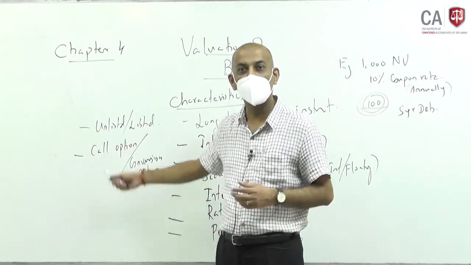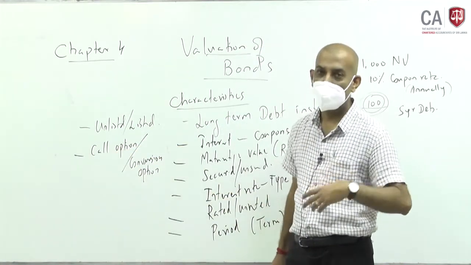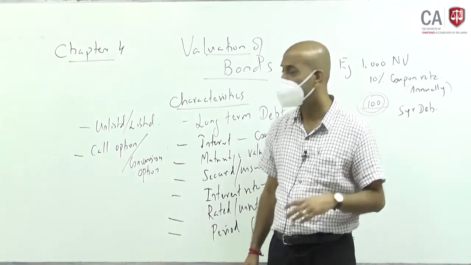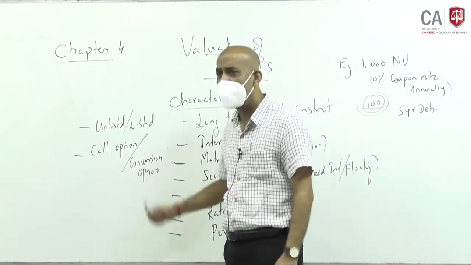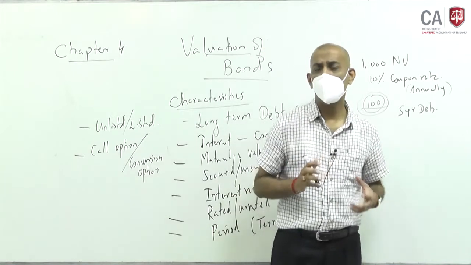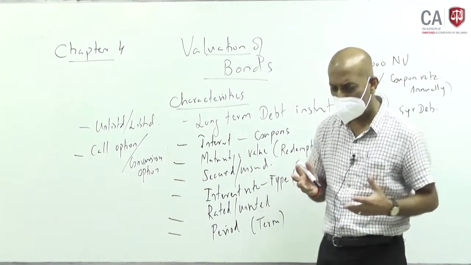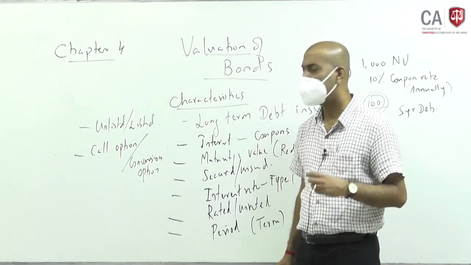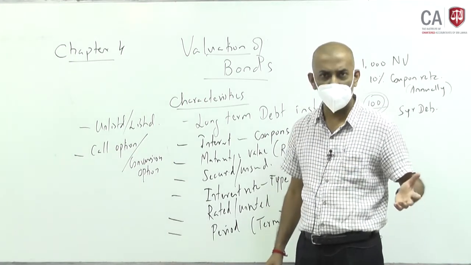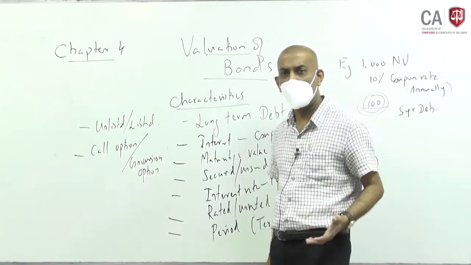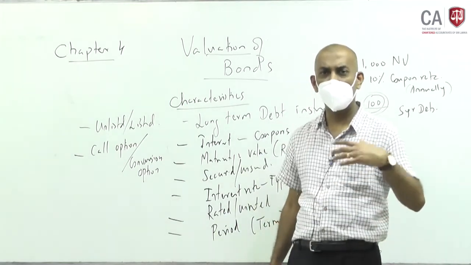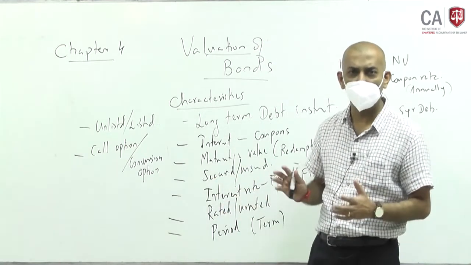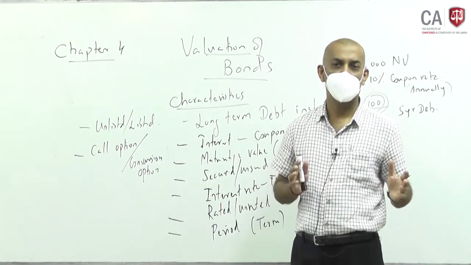You have a chance of calling it back. So it is generally the choice of the institution who issued the bond. Then a conversion option, and these are all corporate bond characteristics I am talking about, not government bonds. Conversion means you issue the bond for 5 years, and at the end, the investor has a chance to convert the debenture to shares.